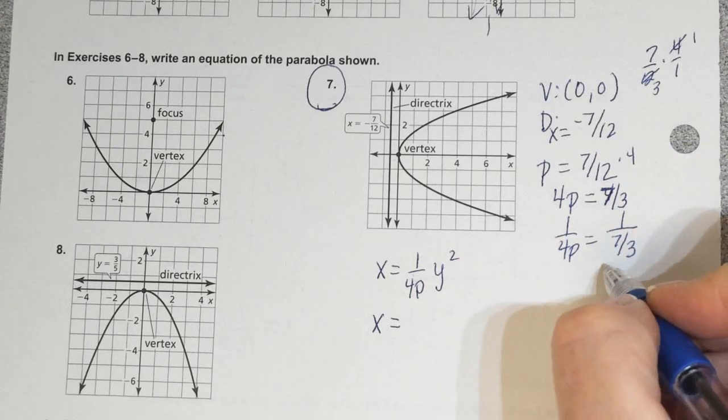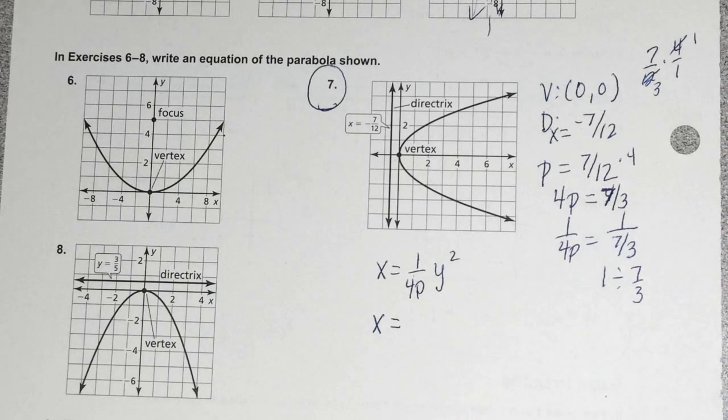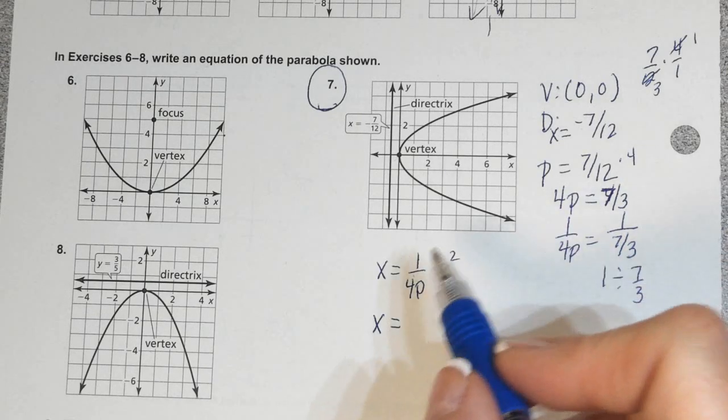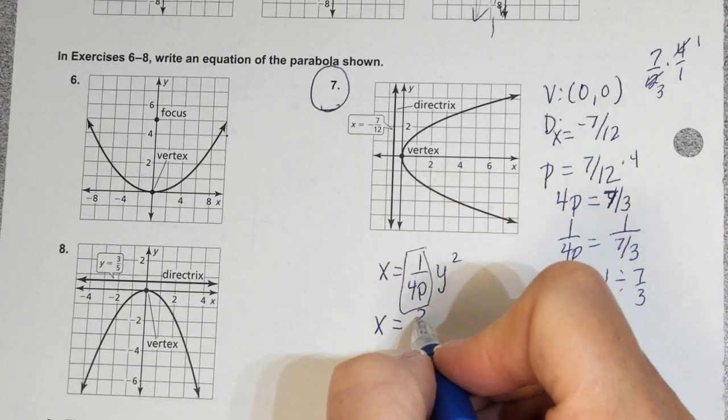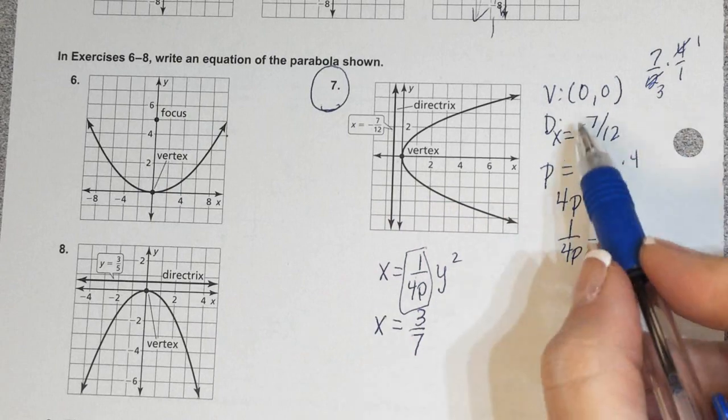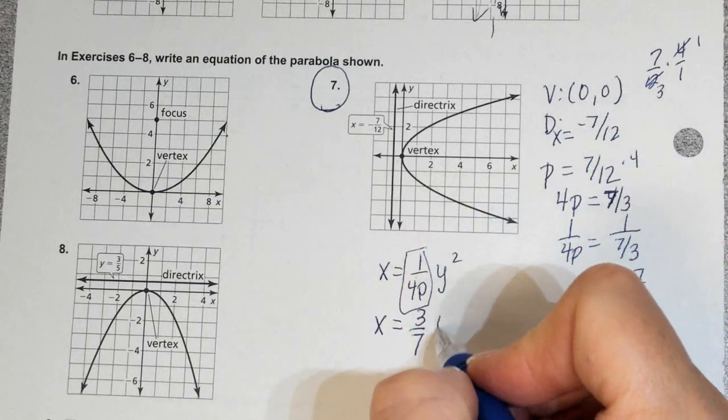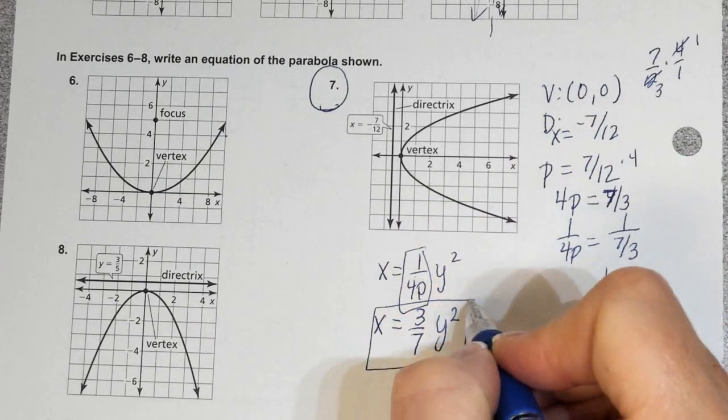But just think about that. What's 1 divided by 7/3? Lizzie? 3 over 7? Yeah, 3 over 7. So in this 1 over 4p spot, I'm going to have to put 3 over 7. And since my vertex is just 0, 0, it's just going to be y squared.